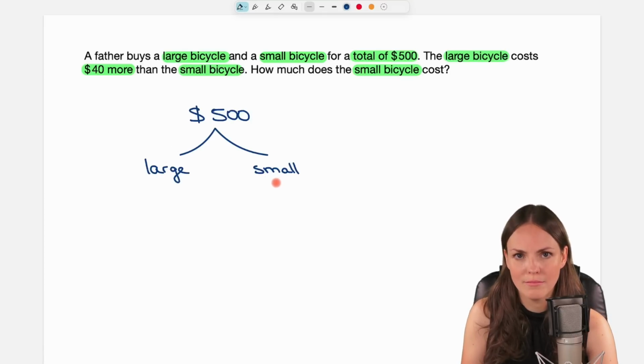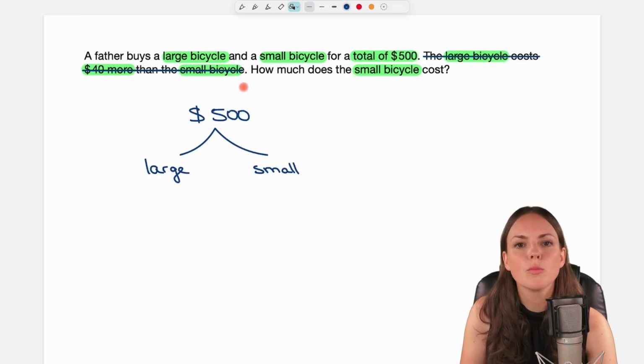So maybe let's just pretend for now that both bicycles cost the same. So we make this problem a little bit easier first, but we will come back to this $40 difference after this then.